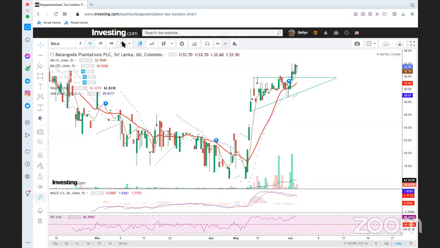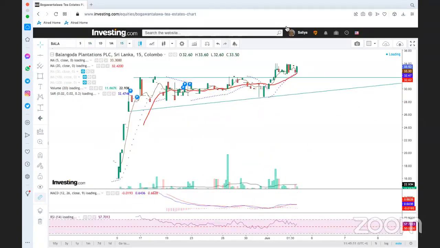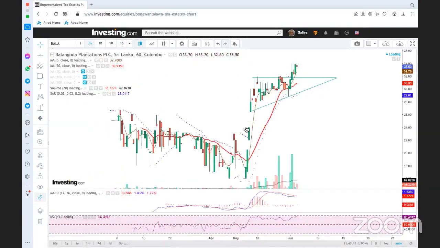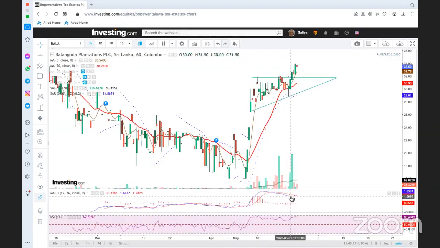We go to the 15-minute chart. In the hourly chart, you can see the MACD is trying to go above the signal line. You can see the histogram also trying to move above the center line.